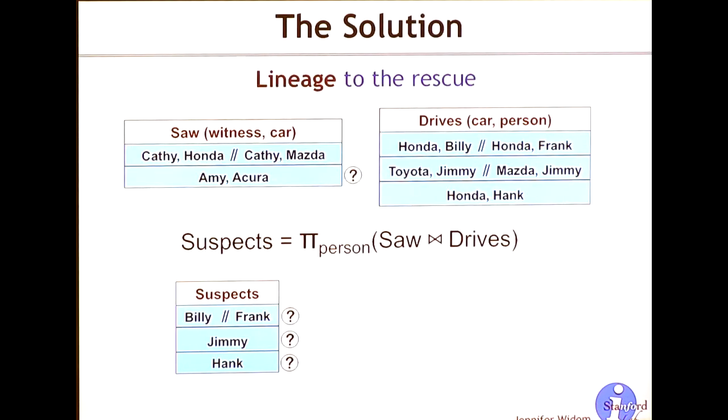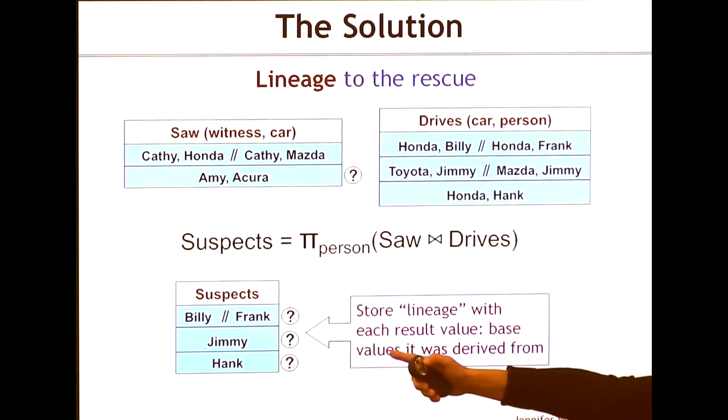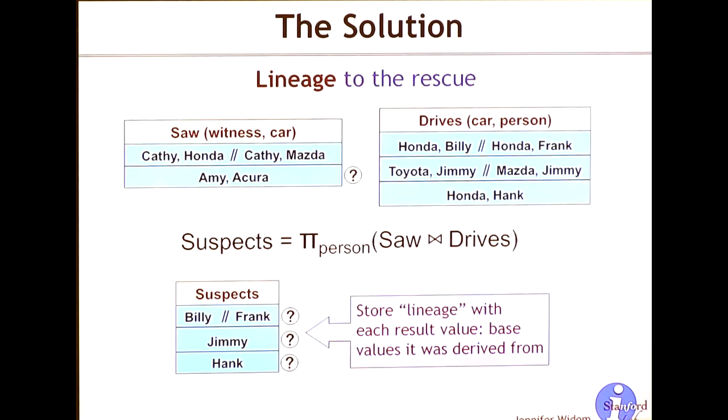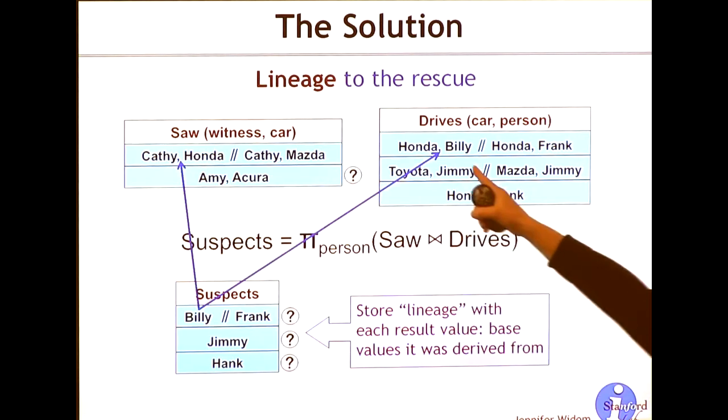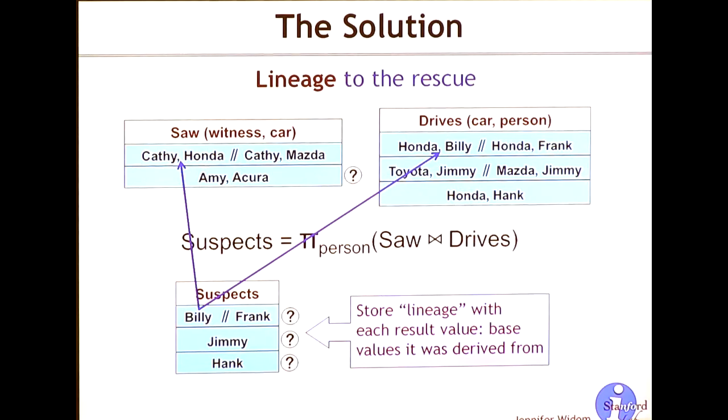Okay? So what happened is we added to our model a concept called lineage. And lineage basically says, where do things come from? Lineage is a general term, but what it meant for us here is that we add to an answer pointers to where the data came from. So we say, if Billy's in the answer, Billy came because those two were picked.